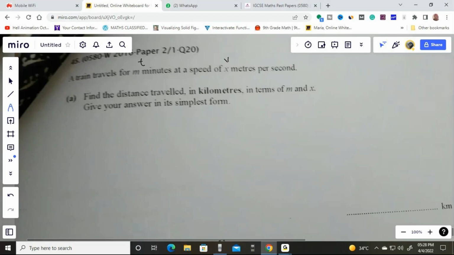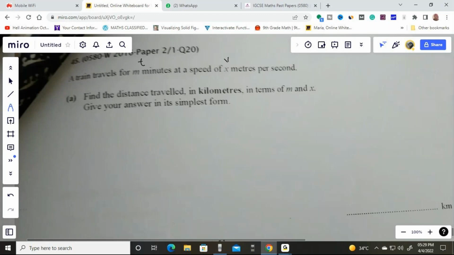Convert time either in minutes or in seconds. What I need to say is that either convert your time into seconds or convert your speed into kilometers per minute. It's your choice. If you want to keep seconds as they are, then convert your time into seconds.